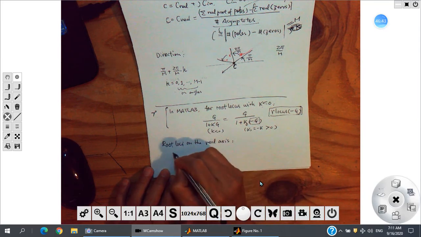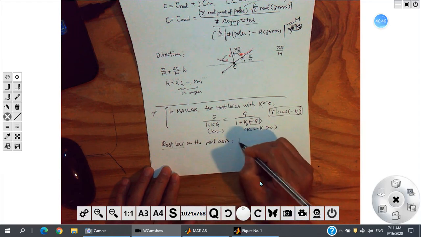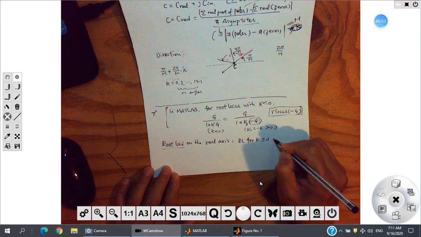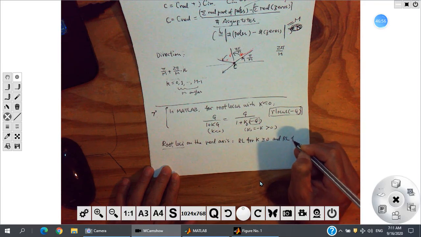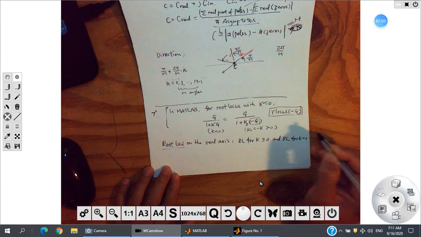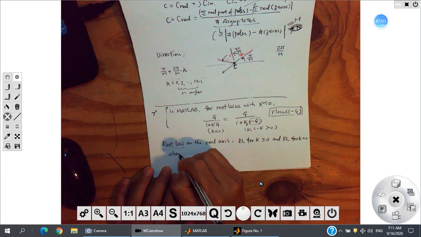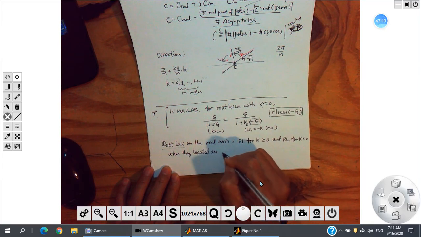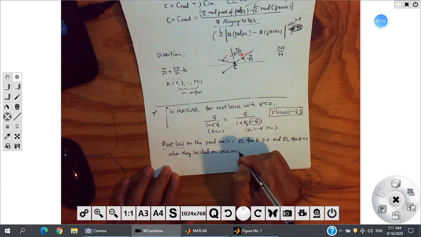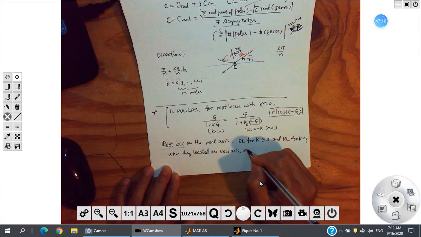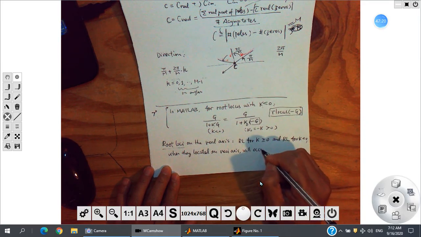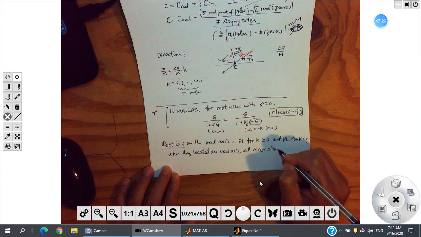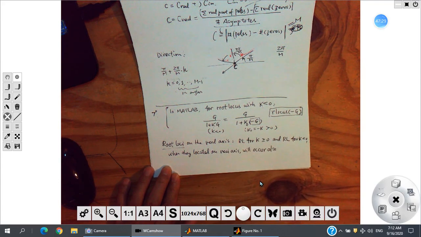I say root locus RL for k larger than or equal to 0, and root locus C for k smaller than 0, when they are located on the real axis, will occur alternately. How to write? Sorry, I forgot that word. Alternately.